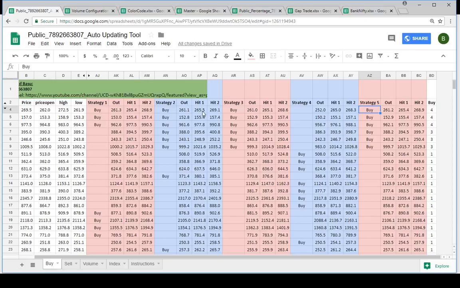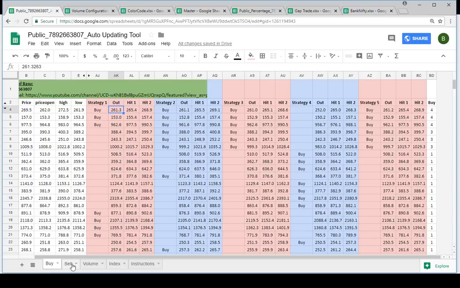So out of this, 268.9 is the lowest target, and 269 is the next highest. So 268.6 and 268.3, but this strategy doesn't pass. So 268.6 will be your target for this, and similarly stop loss will be 261.3, which is the closest.